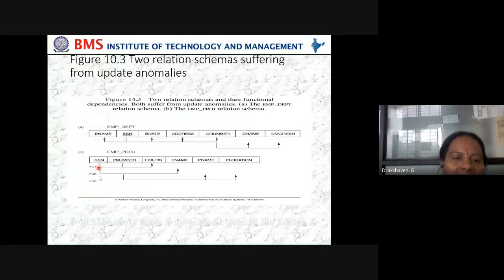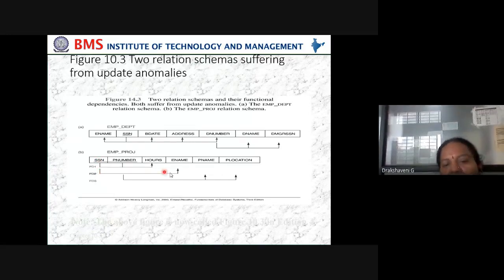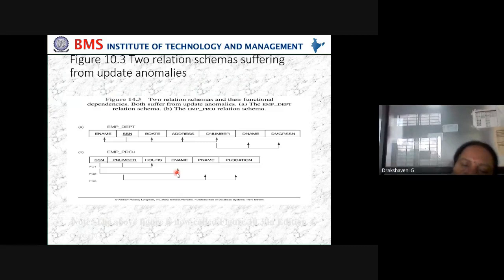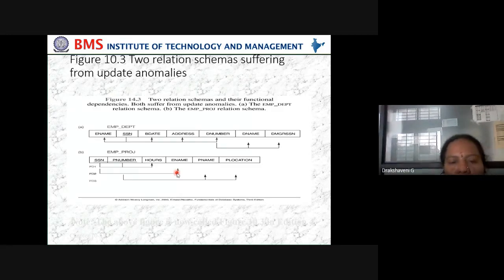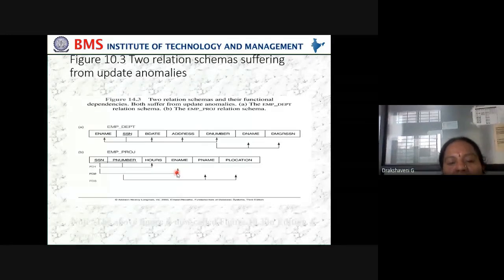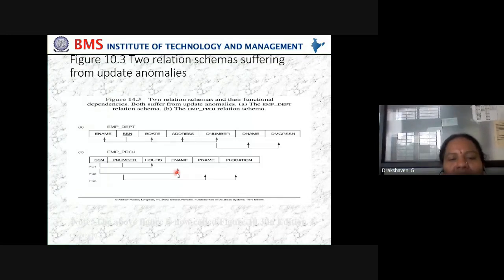In the same way, if I know your USN, I can fetch your name. So I can say your name is functionally dependent on your USN. In your class, there may be 2 people having the same name, but still those 2 people have different USNs. So I can say each one in your class has a unique SSN.